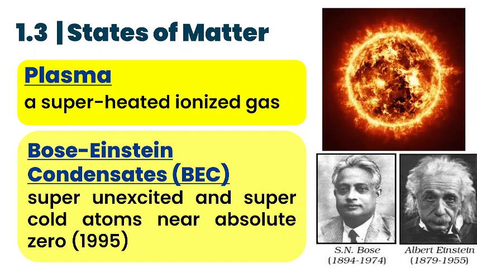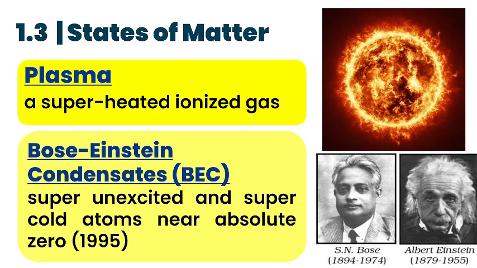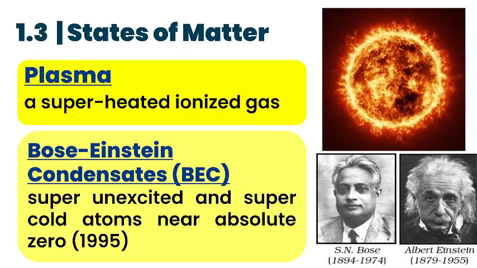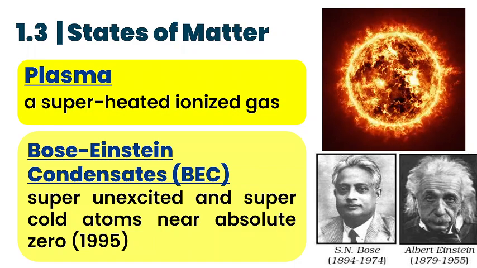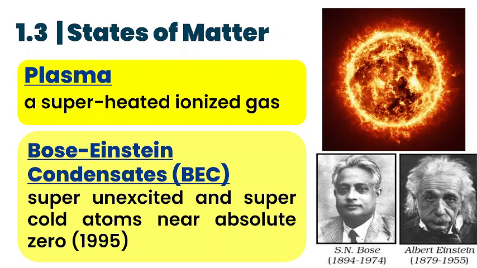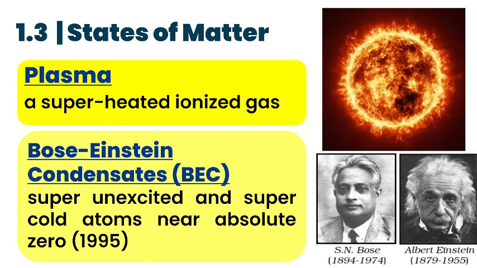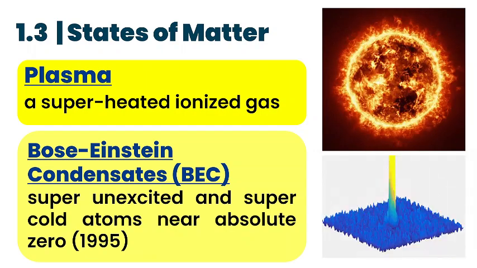But in 1995, scientists in a controlled laboratory produced the fifth state of matter. So there you have it. You have the 5 states of matter: solid, liquid, gas, plasma, and Bose-Einstein condensates.